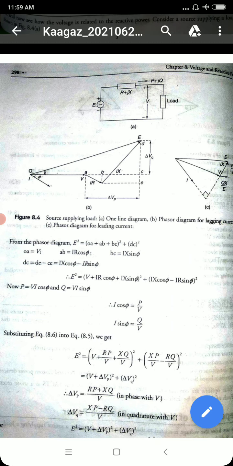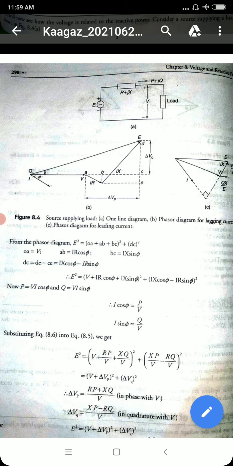What is DC? DC is D minus C. C we know is IX sin phi, and D is the total IX cos phi. So if you write all those things, E square is equal to (V plus IR cos phi plus IX sin phi) whole square plus (IX cos phi minus IR sin phi) whole square.